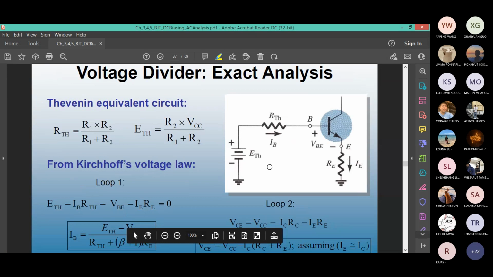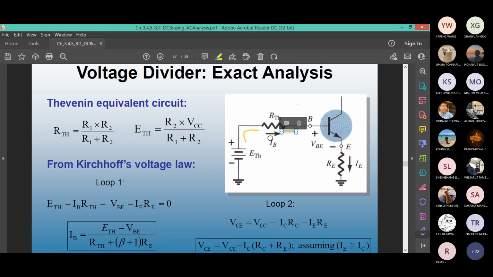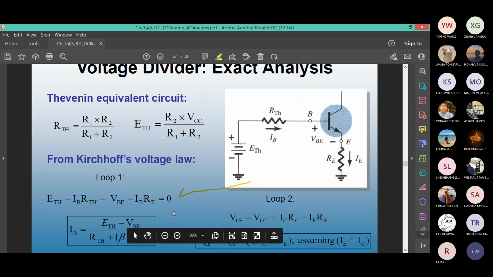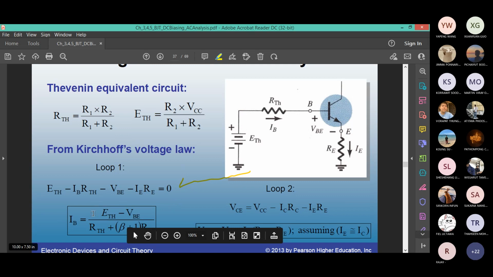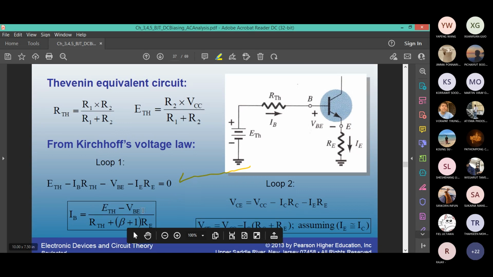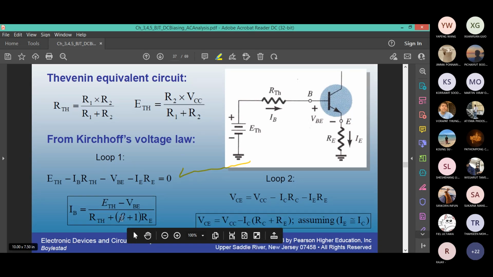We have to solve for the Kirchhoff's voltage loop. What do you get? ETH minus IB times RTH minus VBE minus IE RE equals 0. That is this equation. I hope you can see the equation. What is IB then? ETH minus VBE divided by RTH plus beta plus 1 RE.